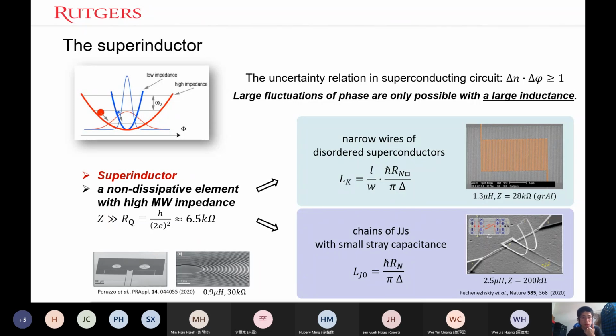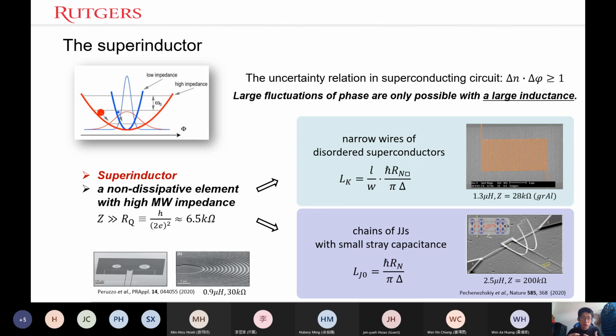So in order to realize such an environment, there are commonly two approaches to realize such an unusual environment. The first way is what we pursue in our lab. We use a different type of superconducting material that provides the inertia of the Cooper pair condensate.